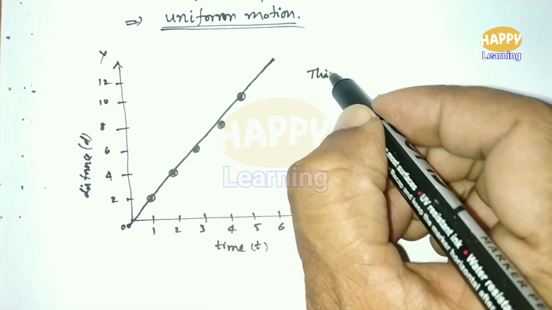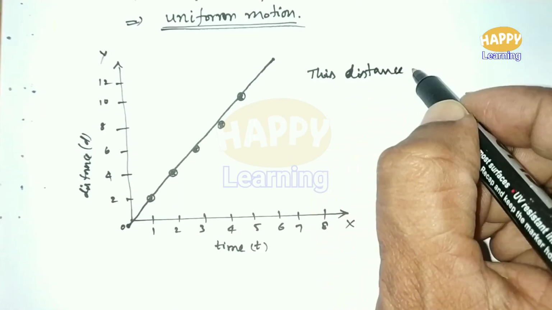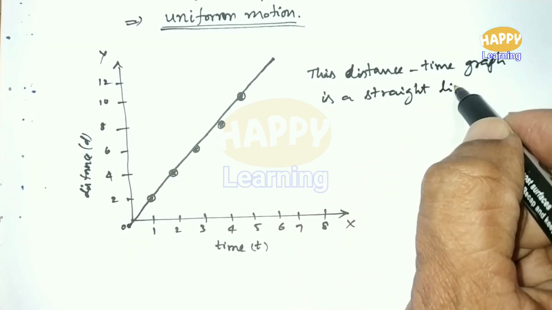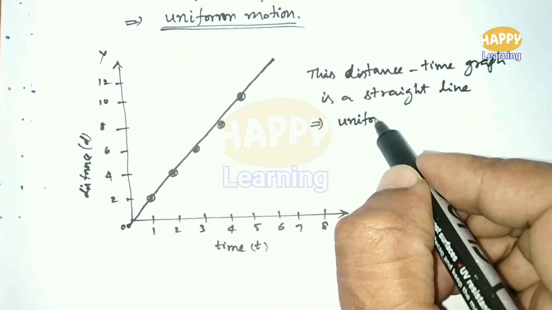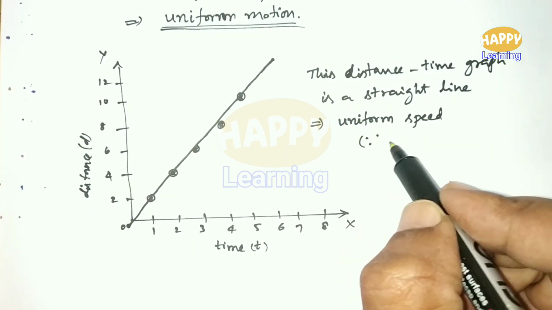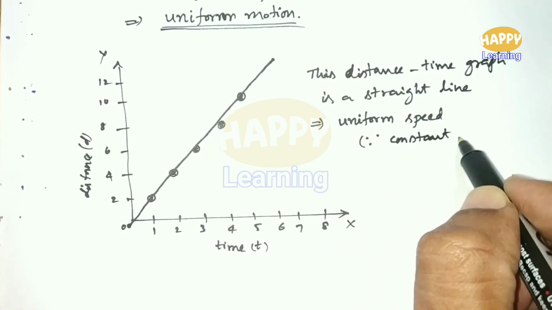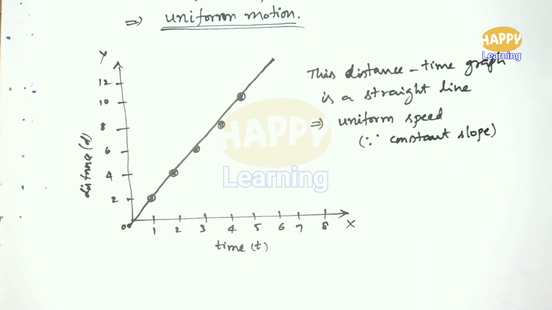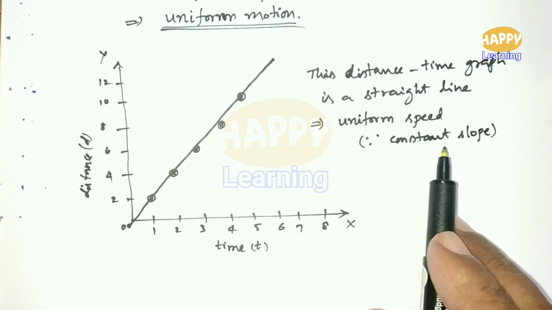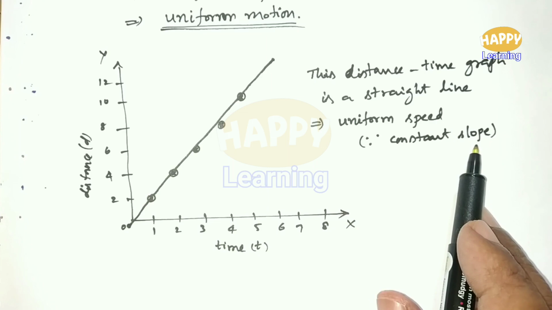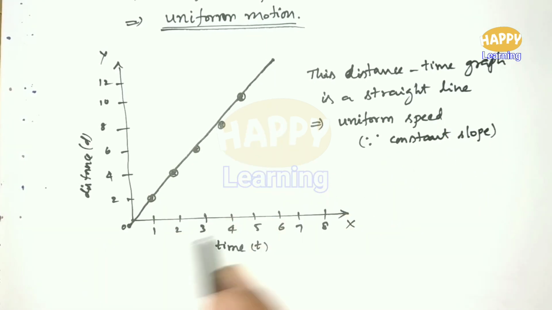So, this distance-time graph is a straight line, which implies uniform speed since the slope is constant. In the previous class we studied that slope represents the speed: more the slope, more the speed, less the slope, less the speed. Here the slope is constant, that means speed is constant. Okay.